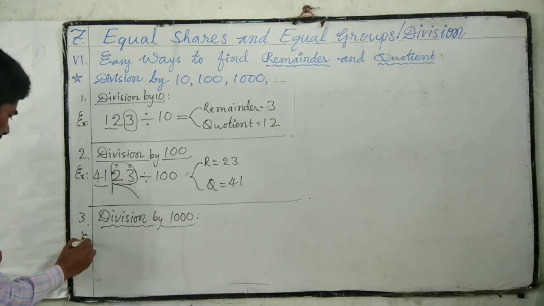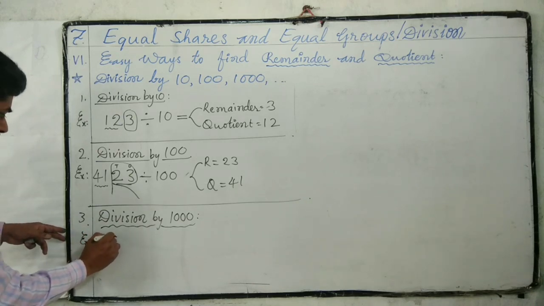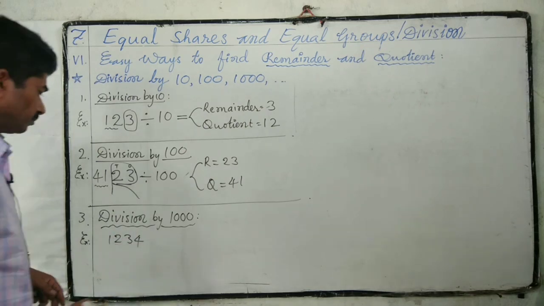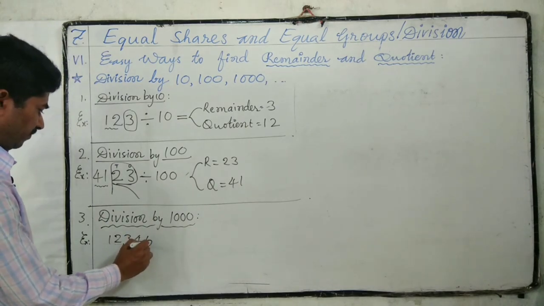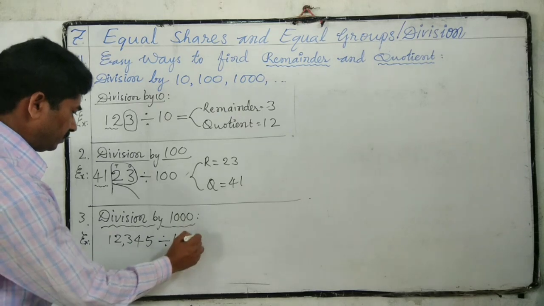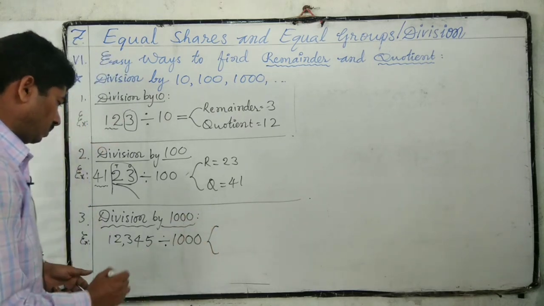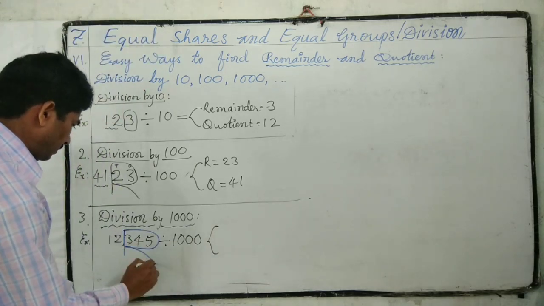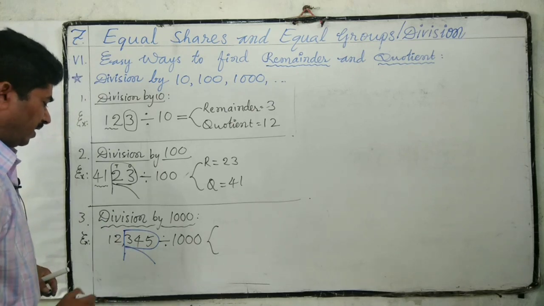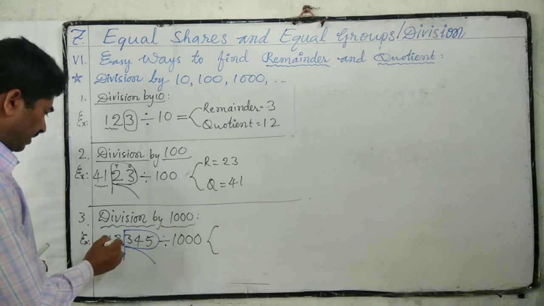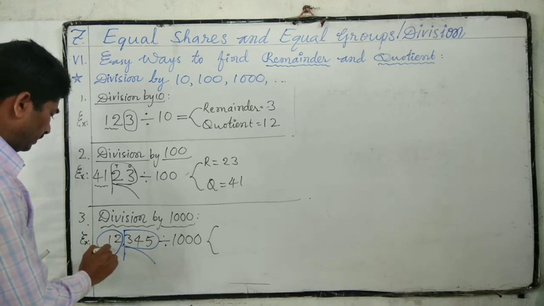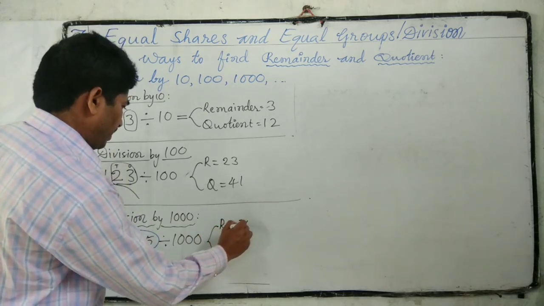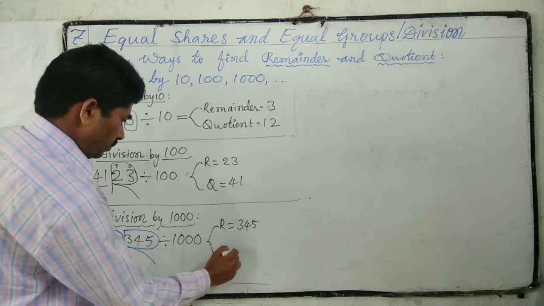For example, 12,345 divided by 1000. In this, the last three digits are the remainder. The number formed by the remaining digits is the quotient. So, remainder 345, quotient 12.